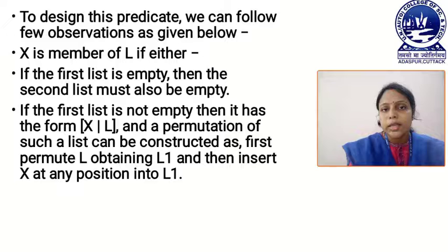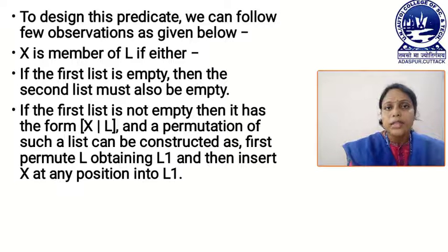That means in this observation, if the first list is empty, then the second list must also be empty, because there is no element in our first list, so we cannot change their positions.